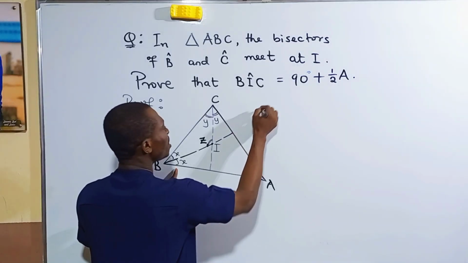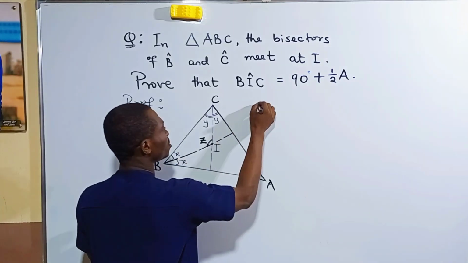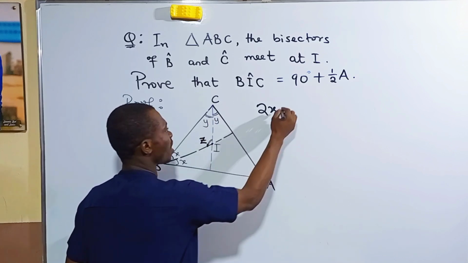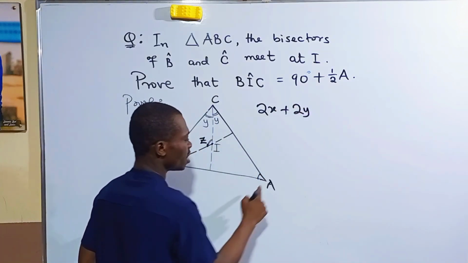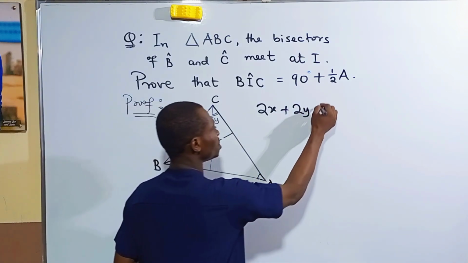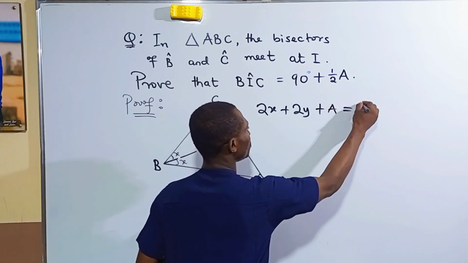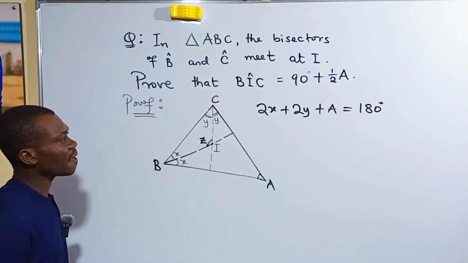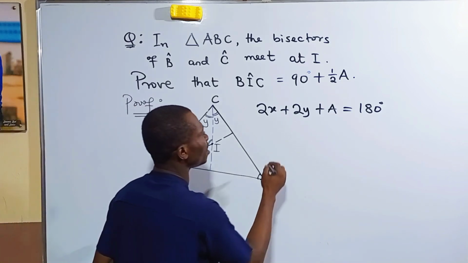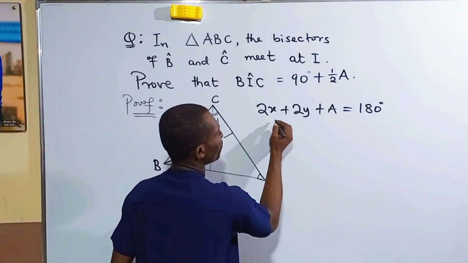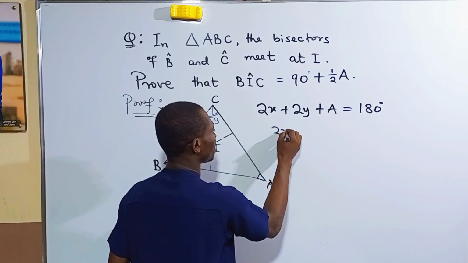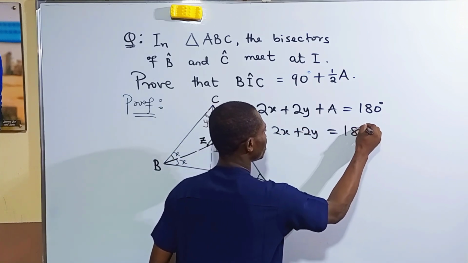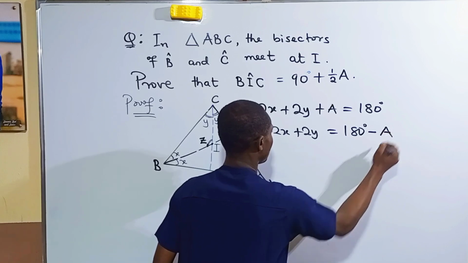It means x plus x, which is 2x, plus y and y, which is 2y, then plus the third angle A, is equal to 180 degrees. If I make this the subject, I have 2x plus 2y equals 180 degrees minus A.